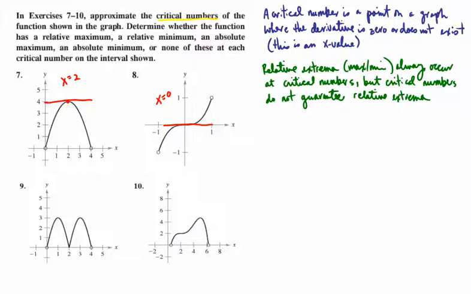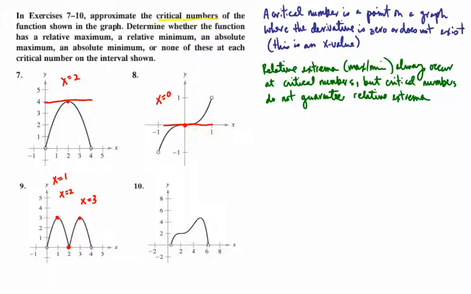Alright, and number 9. So we had x equals 2, x equals 0. In number 9, we have 3 critical numbers. We have x equals 3. We have x equals 1. Remember that a critical number is an x value. X equals 2 and x equals 3.